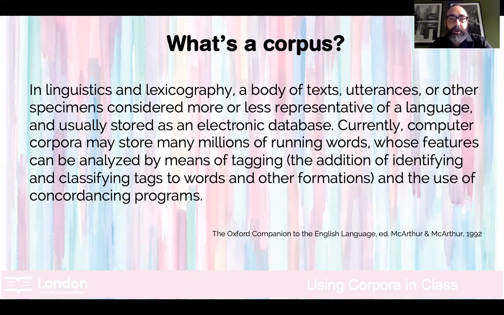Currently, computer corpora may store many millions of running words whose features can be analyzed by means of tagging, as we will see later, the addition of identifying and classifying tags to words and other formations, and the use of concordancing programs. So as you see, it's basically a huge collection of millions and millions of words stored in computers and for us to use.